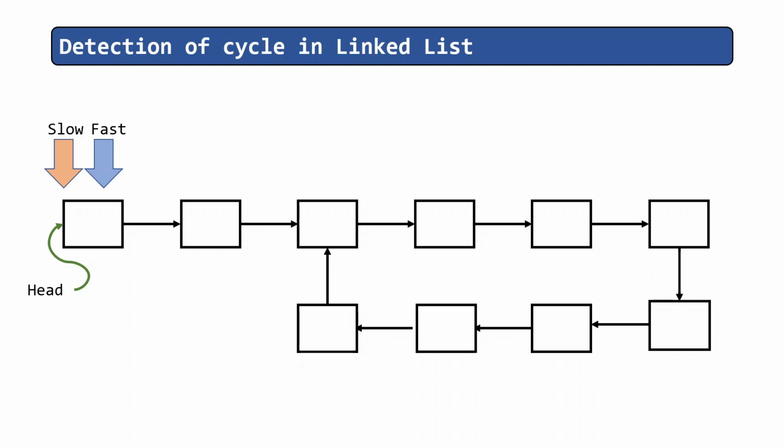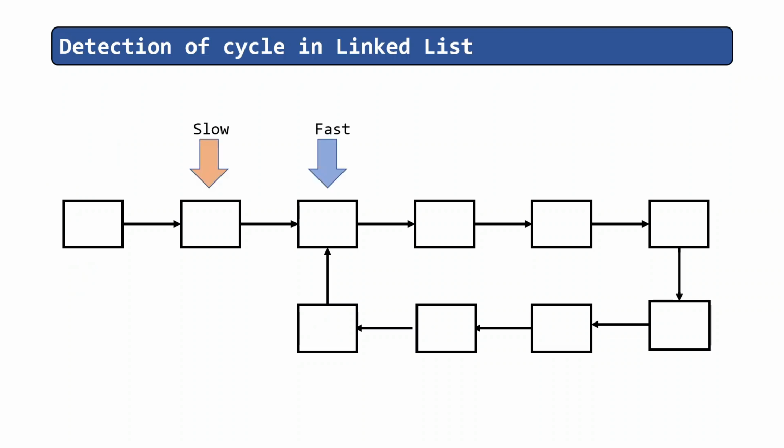The slow pointer iterates through each and every node of the linked list, but the fast pointer jumps one node in between. So after the first iteration, the slow pointer will be at the second node, but the fast pointer will be at the third node because it skips the second node.